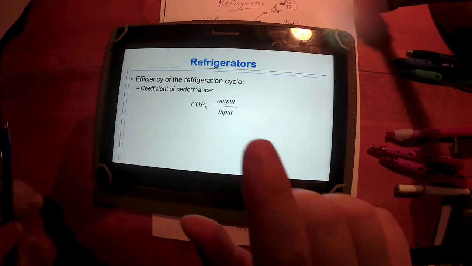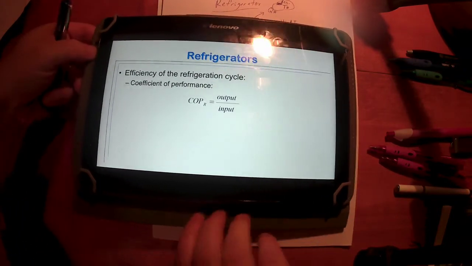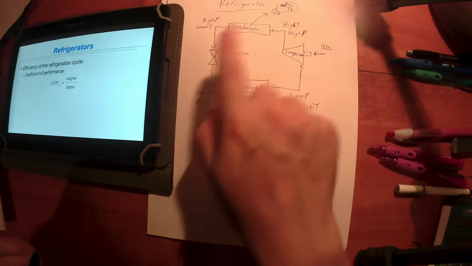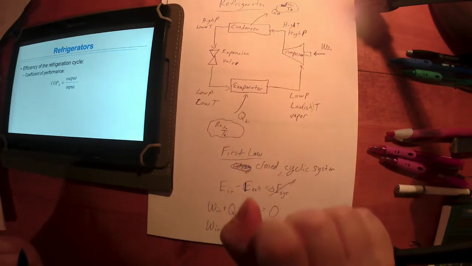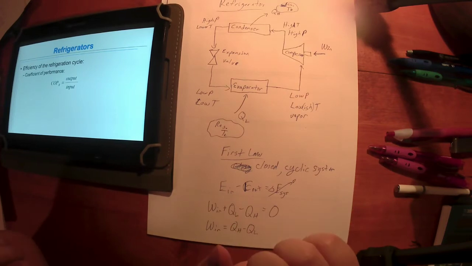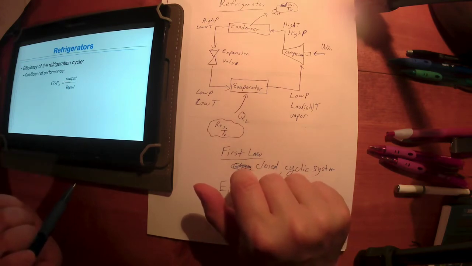But if we think about what we want out of this device, what is the goal of a refrigerator? Right, pause here and think about that. Which of these quantities is the goal of this refrigerator? So pause it and think about that. Okay, so what is the goal? What is the output? What are we trying to get out of this thing?